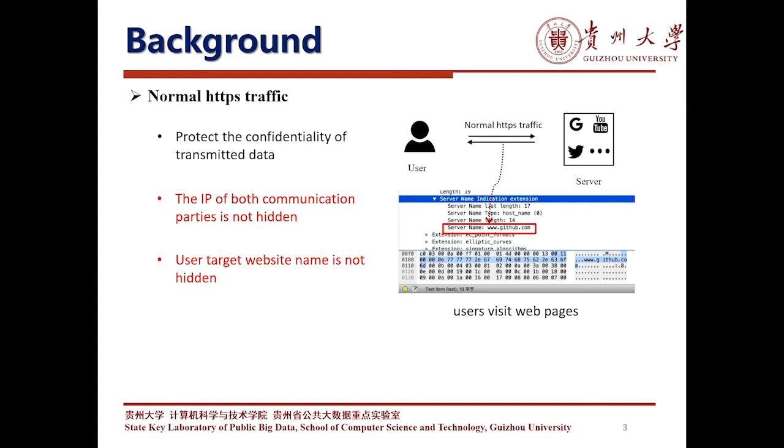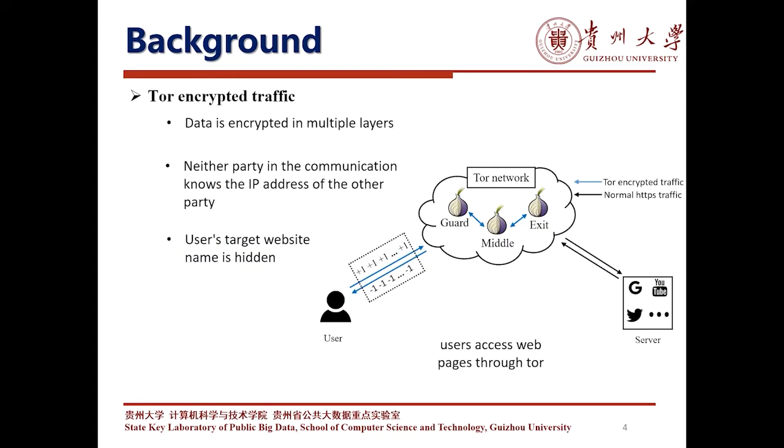How do we protect our information? Some people choose to use an anonymous communication system. The currently widely used anonymous communication system, Tor, can solve the problems I mentioned above.